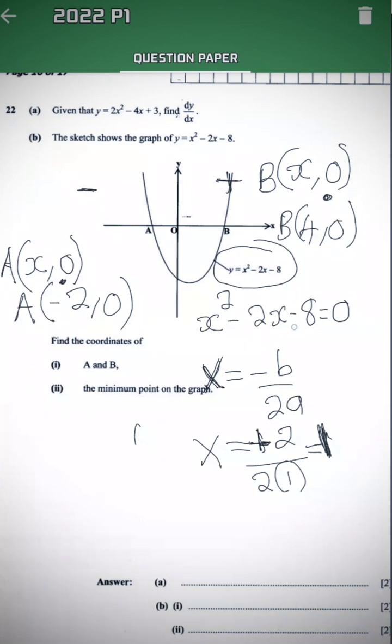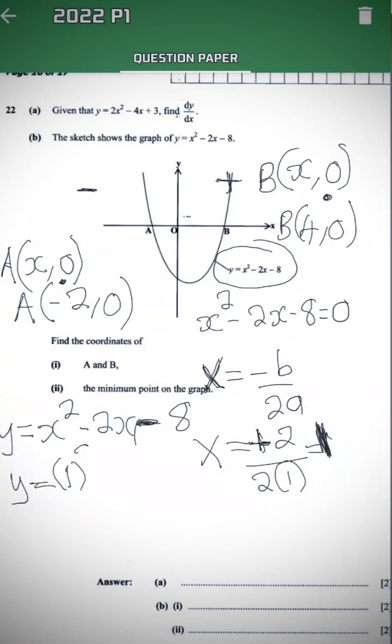Then how do you find y? We were given the equation y is equal to x squared minus 2x minus 8. Where there is x, you put 1.